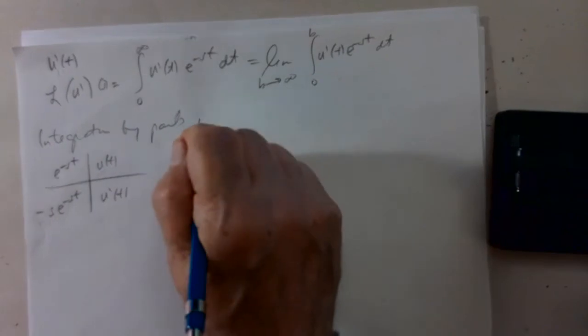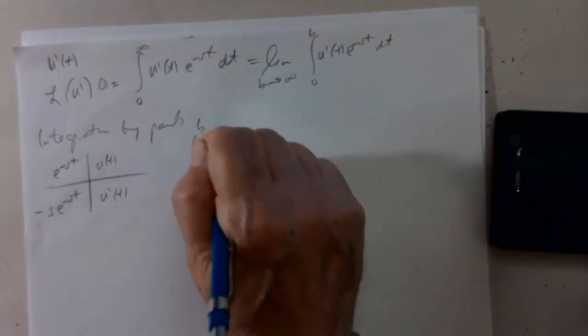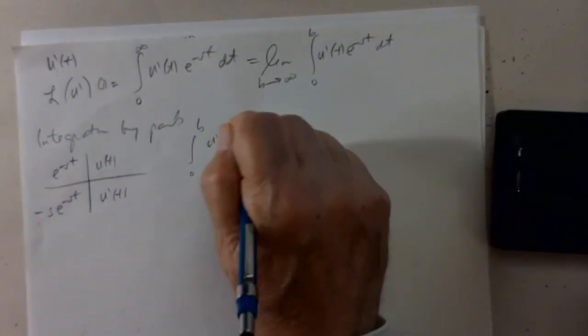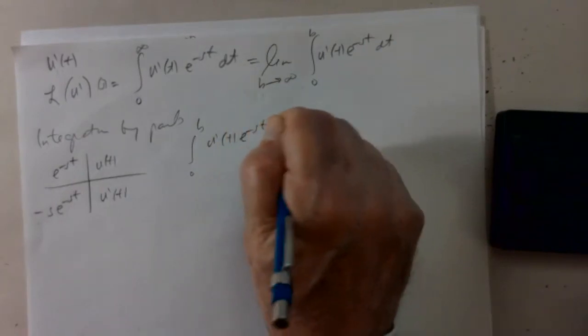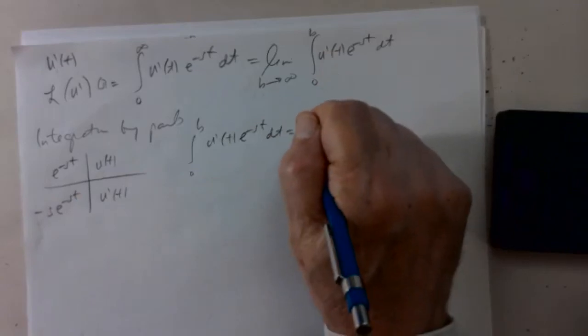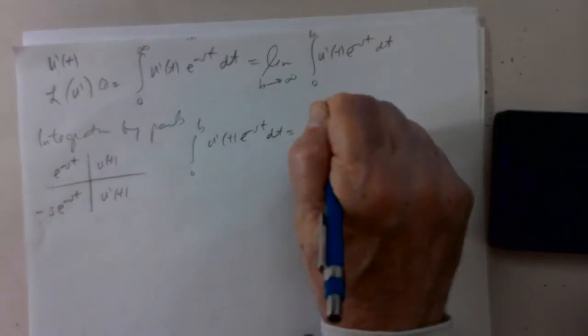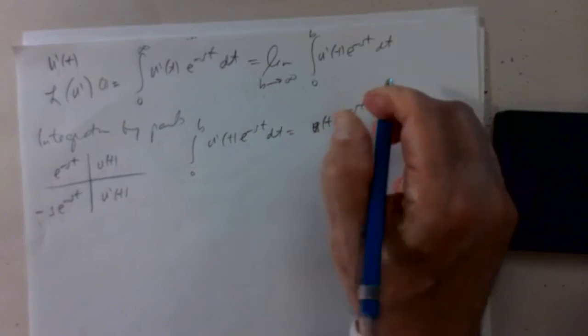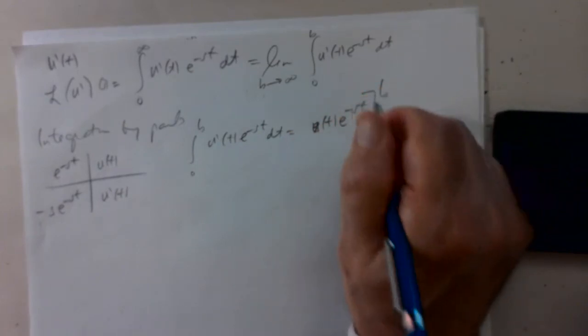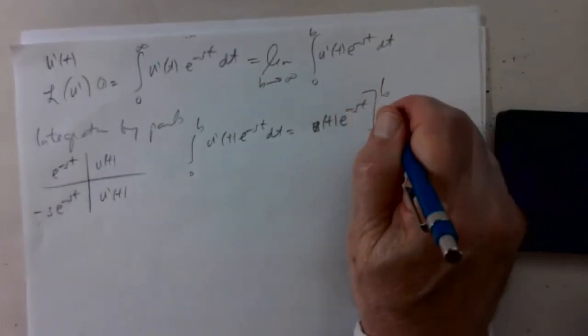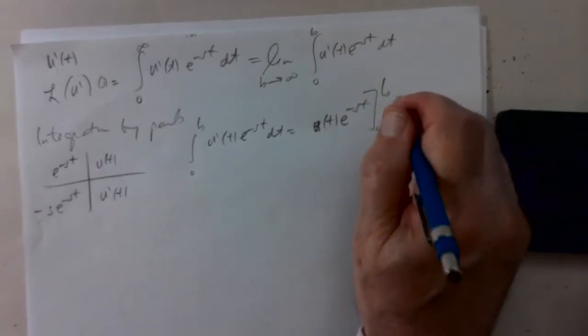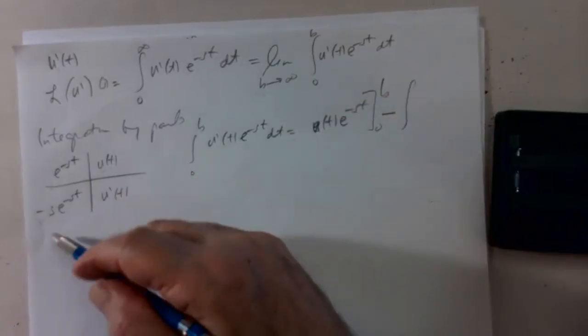So the integral from 0 to b of u prime of t e to the minus st dt is this times this, u of t e to the minus st, evaluated from 0 to b, minus the integral of this times this.